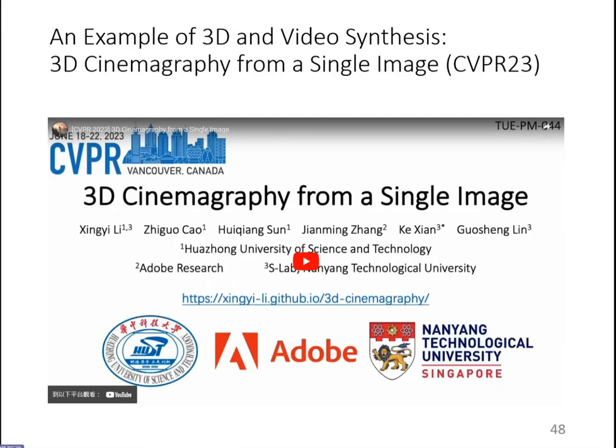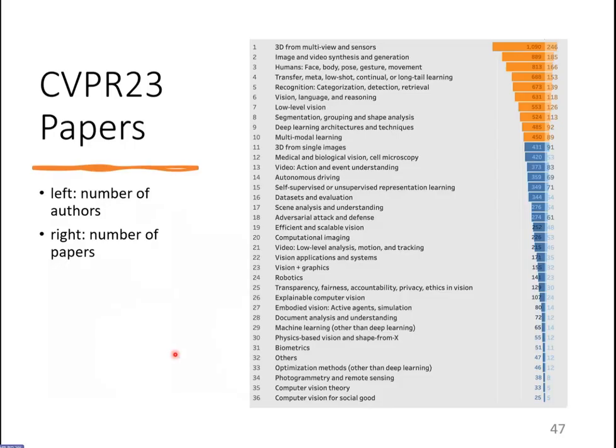This research work is done by Singapore Nanyang Technological University and Adobe, and this is from China, I think. So what I want to show is this is a hot research topic of this field. The paper is one of the 245 papers published for 3D from multi-view and sensors.